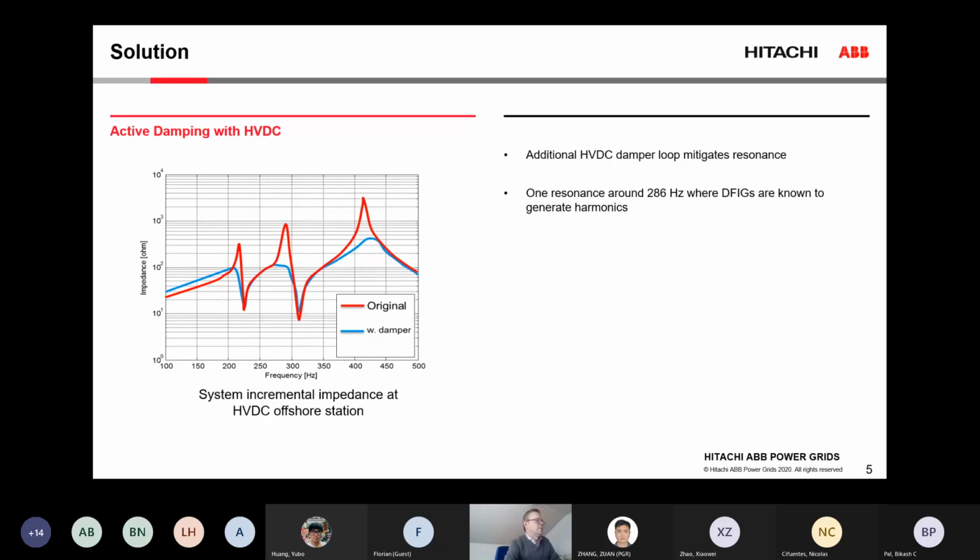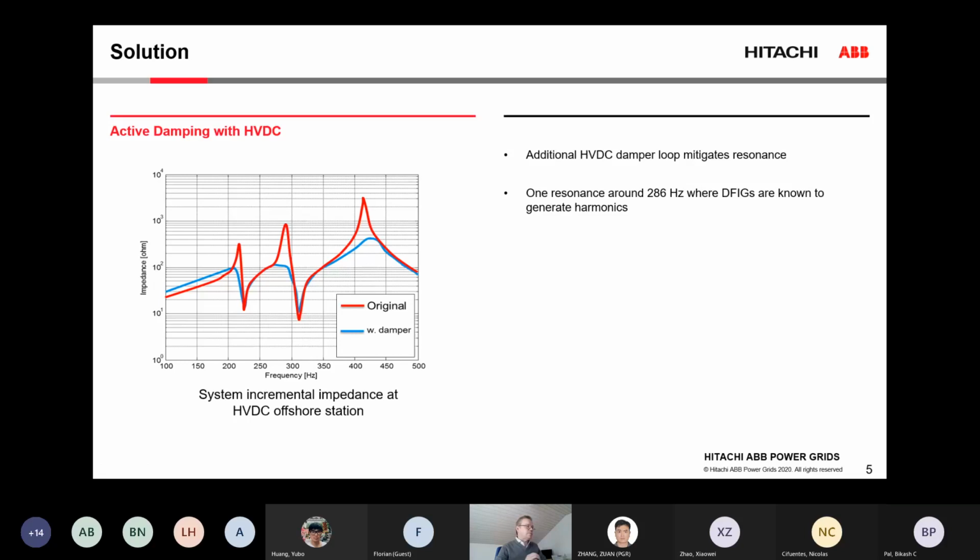But the problem here is that there was harmonic injection, presumably from the wind turbines, because we know that DFIGs can generate this type of slip harmonics around this frequency. And that caused these problems because it's very close to this resonance.